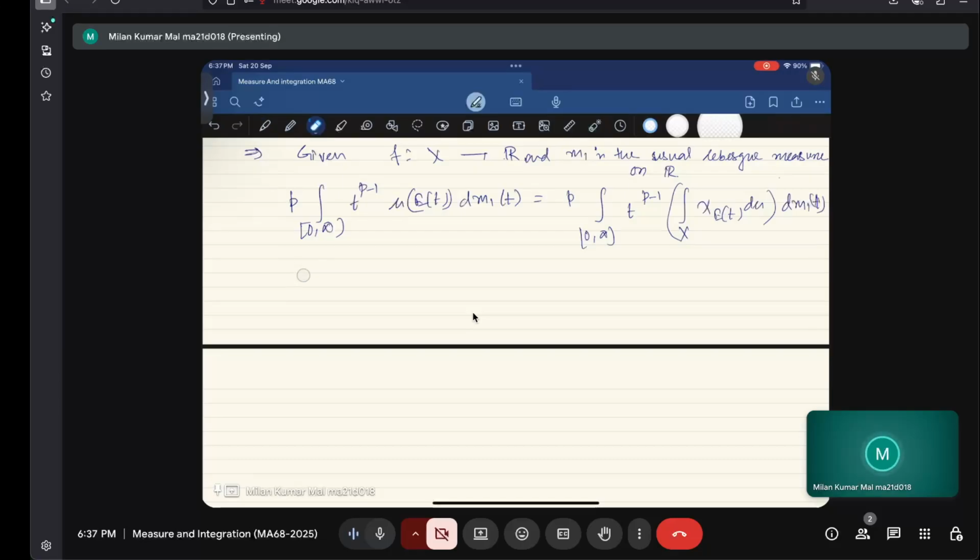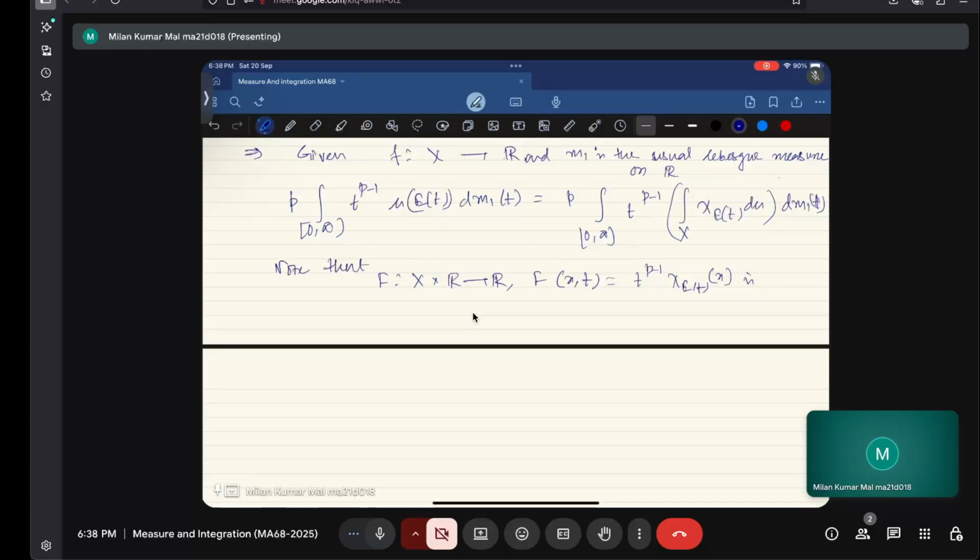Note that this particular thing, t^(p-1) times the characteristic function of E_t at the point x, as a function on X times 0 to infinity.